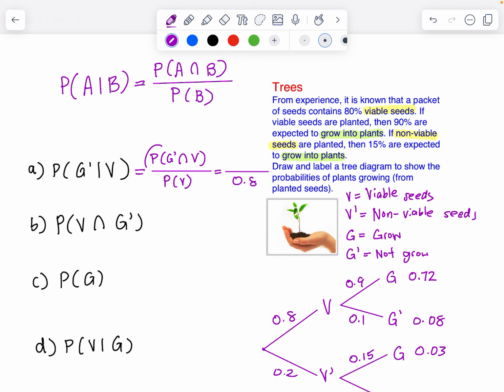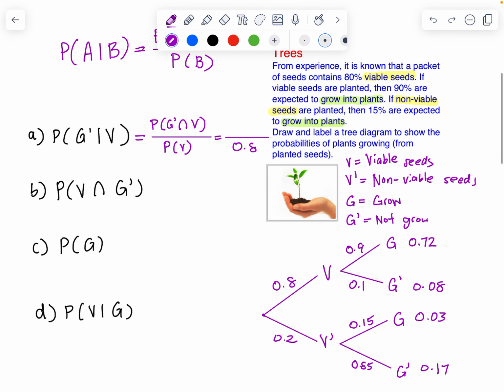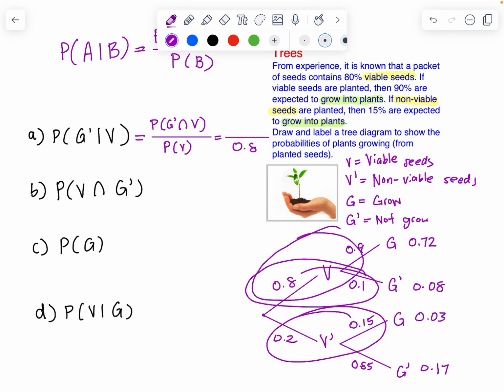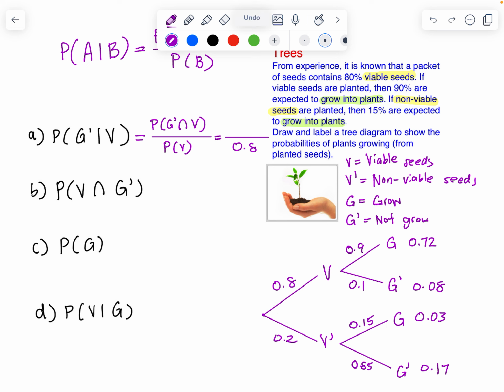And the probability that you get a viable seed and a plant that doesn't grow, when you see this, you always want to do multiplication. But in the beginning, remember, we multiplied all these, right? And so that is what we're going to make use of.